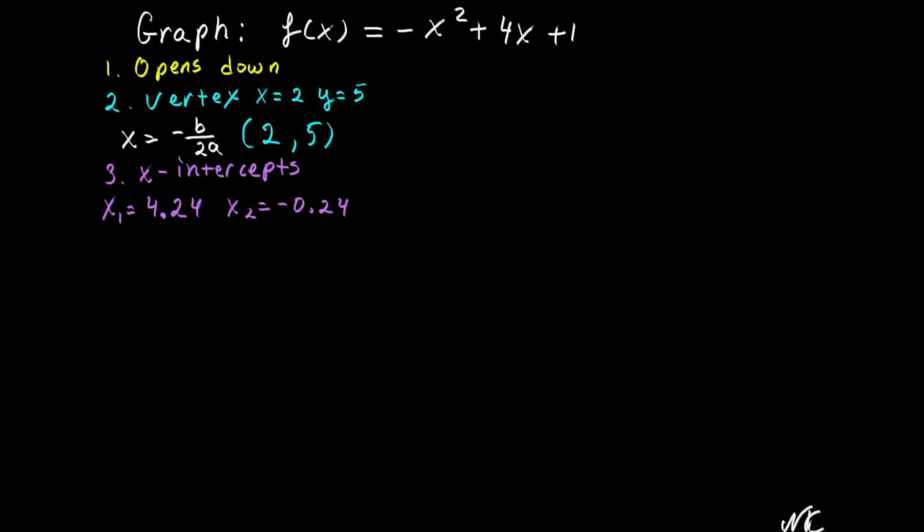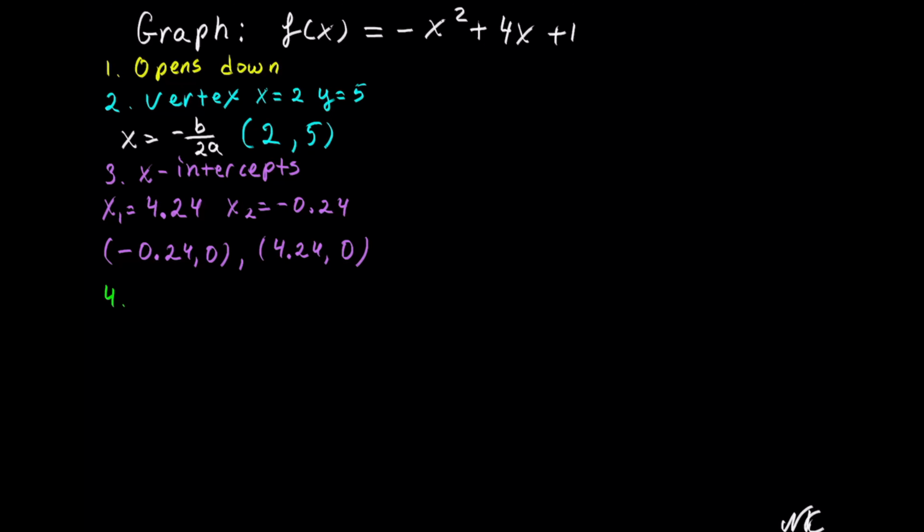So for the x-intercepts, the left x-intercept will be at negative 0.24 and y is 0. And the second x-intercept is at 4.24 and y is 0.